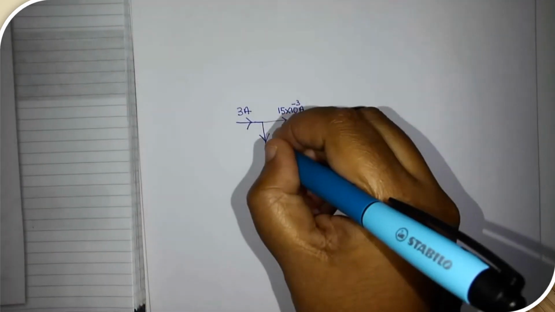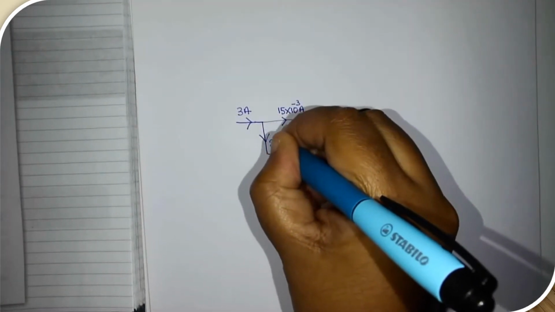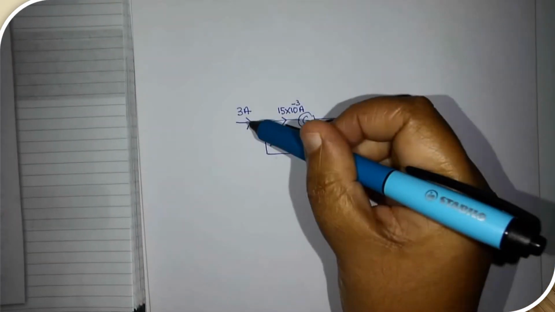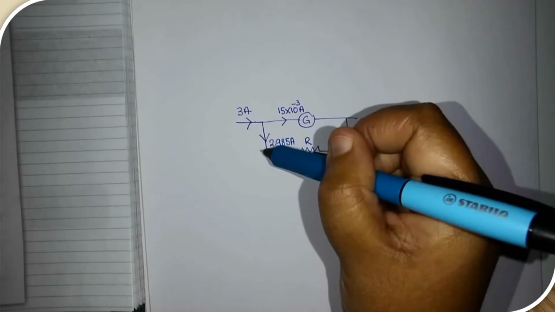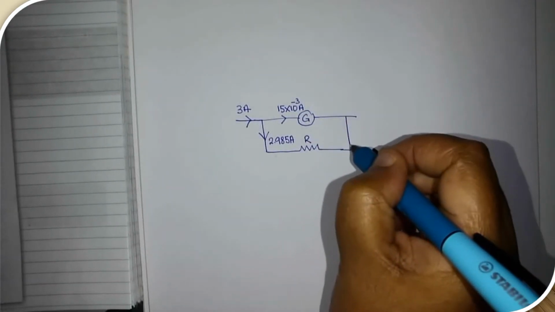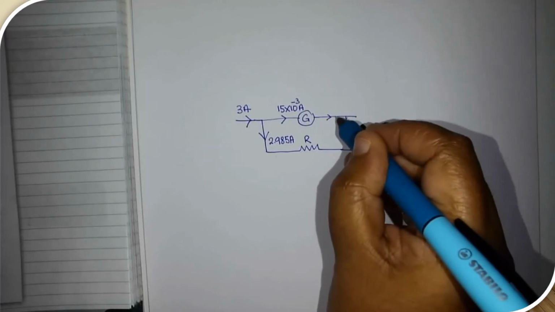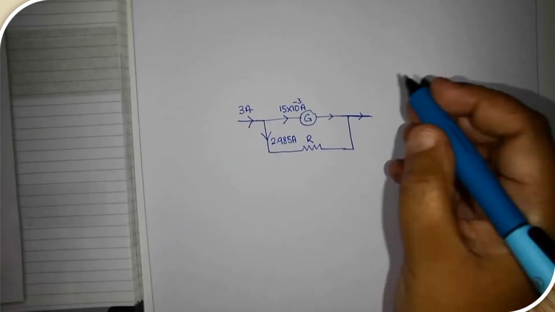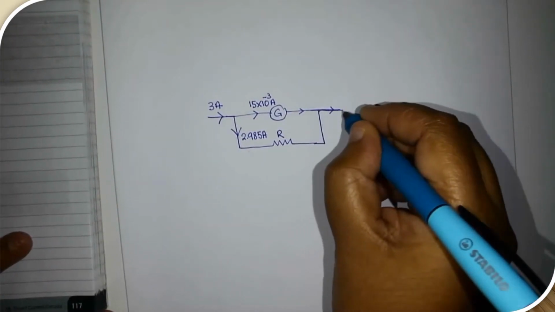It will be 2.985 ampere. So the larger current will follow another alternative way. It will go here, and then this one will flow this side, and it will join and go in this path.